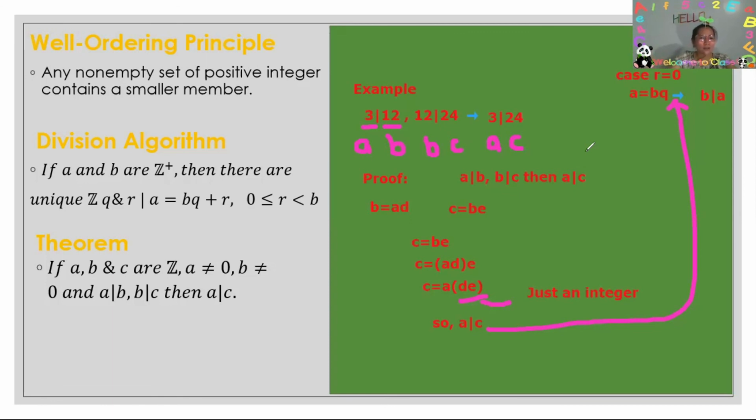And consider as well that R is always greater than or equal to 0, but always less than B. If R is greater than B, then it is not divisible. So take note of that one. And for the theorem that we have, take note that if A divides B, and B divides C, then A divides C. So take note.